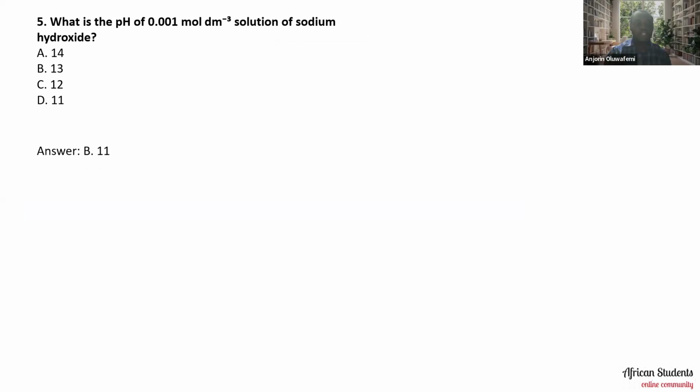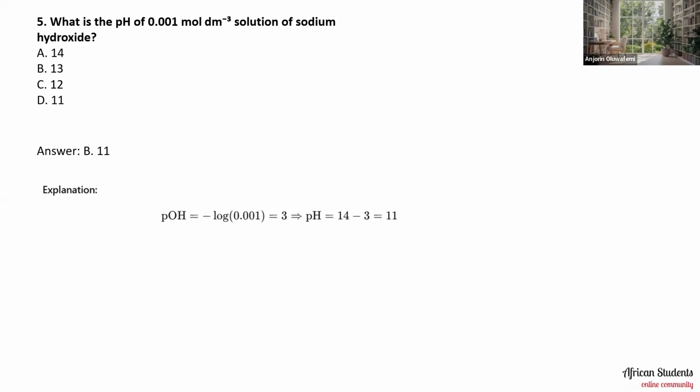The answer is 11. And the reason is just this. Don't forget that pOH is the negative logarithm of OH. So if that is the case, pOH equals minus log 0.001, which equals 3. Now, that's pOH. The pH is now 14 minus 3. How did we arrive at that? Because pH plus pOH equals 14.